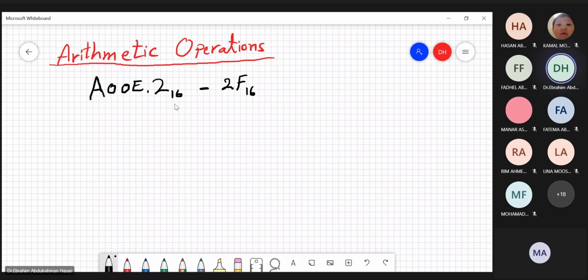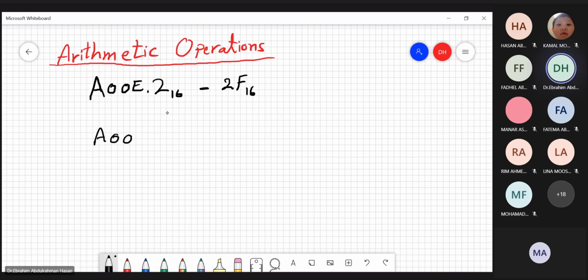Well, with base 16, we need to think about the number as it is, not as a decimal. This is the difficulty. So how to do it?